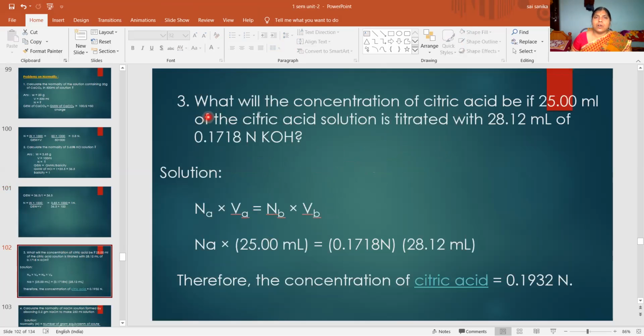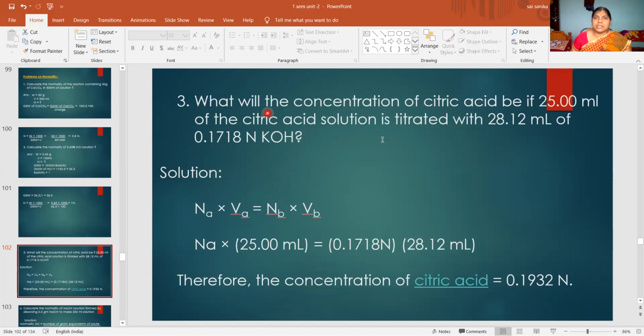Next, what will be the concentration of citric acid if 25 ml of the citric acid solution is titrated with 28.12 ml of 0.1718 N KOH? Here carefully read the question.